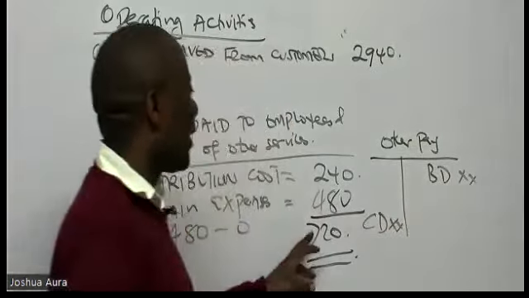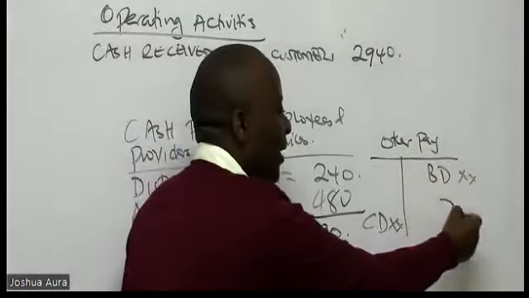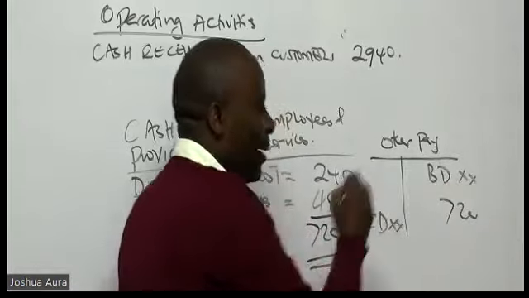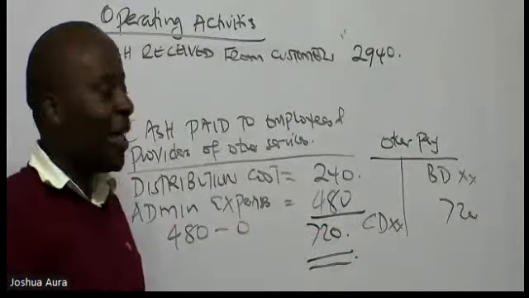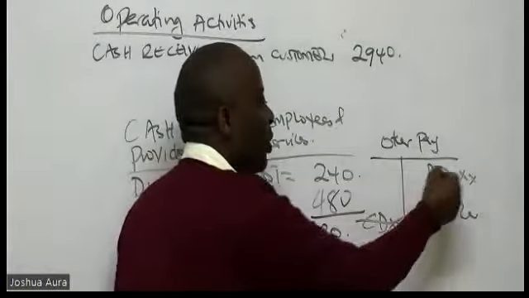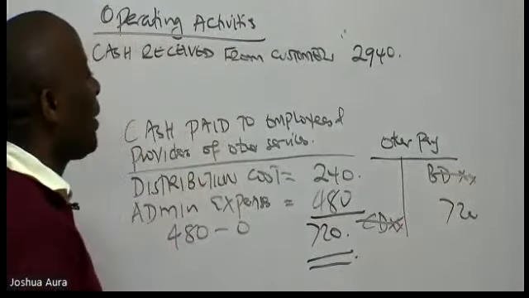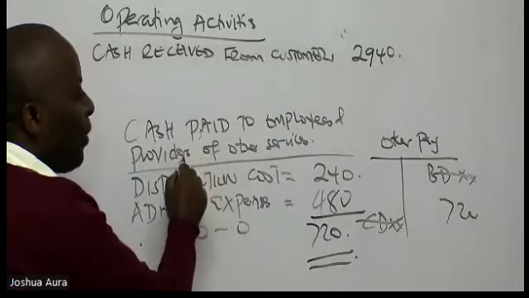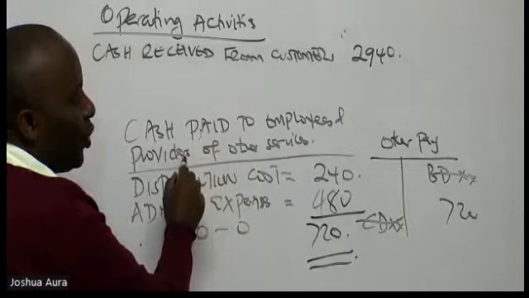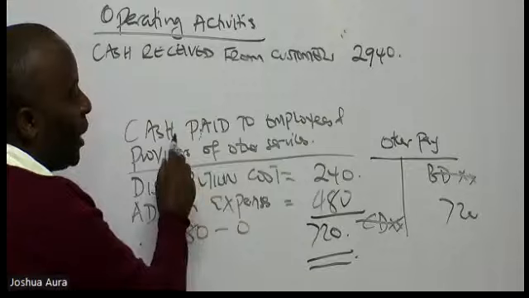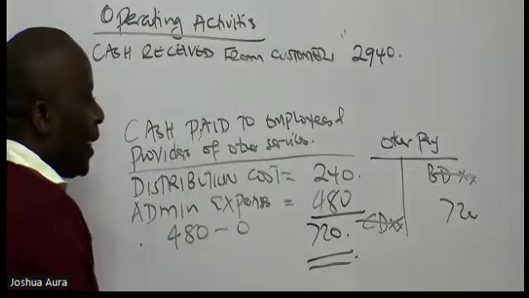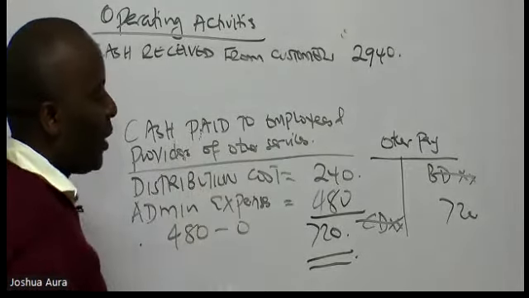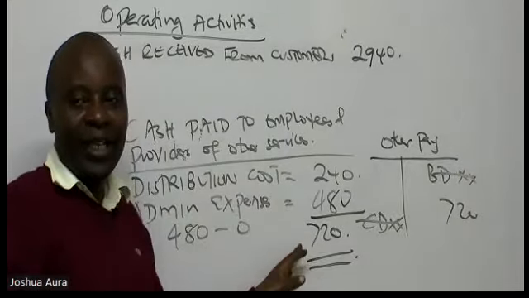And then whatever figure that I have here, I bring it here, 720. And then I'll be able to get the balancing figure. So here I've got nothing, nothing here. So this 720 automatically is the cash paid to employees and providers of other services. Cash paid to employees and providers of other services is 700 what here? 20. And that is it.